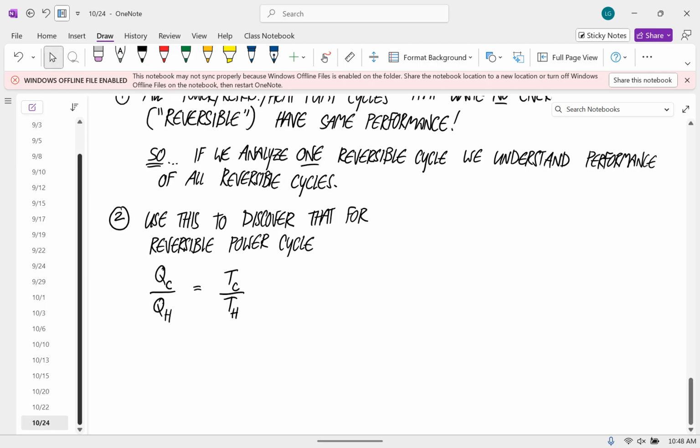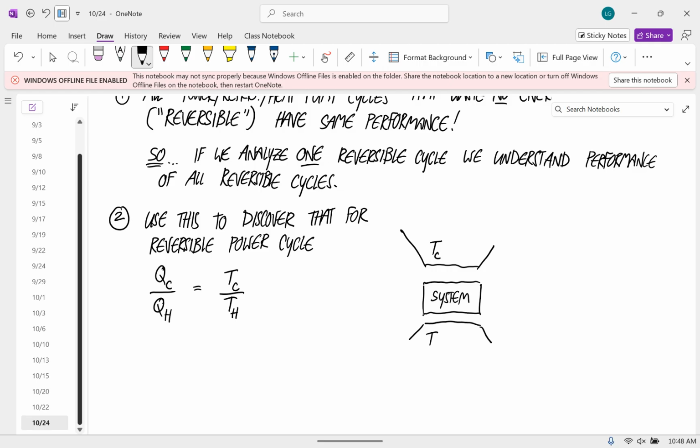Okay, so if I redraw this picture, this hot reservoir has a temperature TC. Here's our system. This has a temperature. Nope, I did this wrong. This is TH. This is TC.